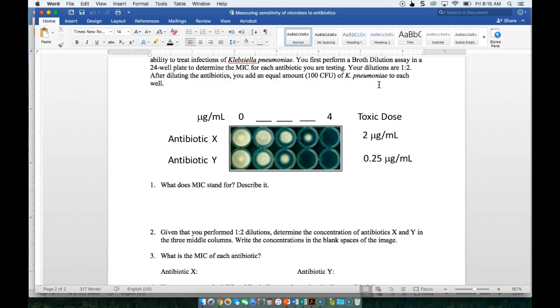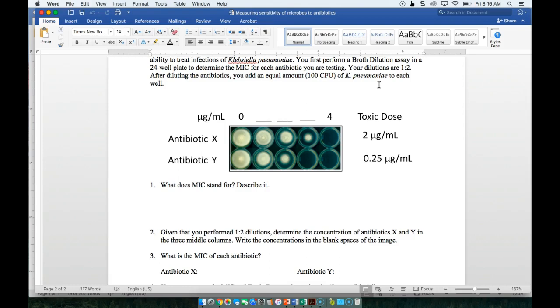To determine the minimal bactericidal concentration, we have to take bacteria out of these and determine, are they going to be able to grow? Because if they don't grow, they're obviously dead. Okay? But we want to do that without selection. And so in other words, to determine the minimal bactericidal concentration, we actually have to grow these cells again out of these cultures, but in the absence of an antibiotic.